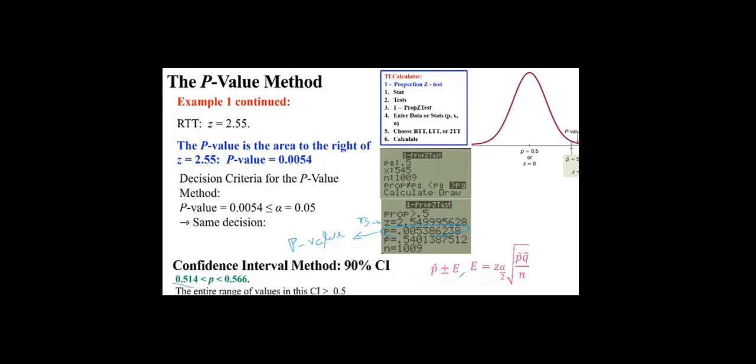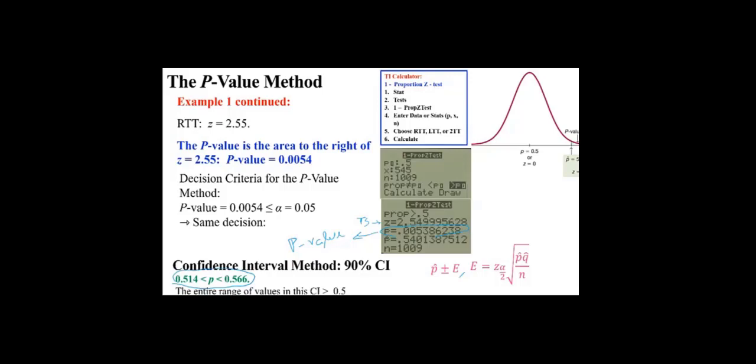Both end points are larger than 0.5. So the entire range of values in this confidence interval is larger than 0.5, which means we are 90% confident that the limits of 0.514 and 0.566 contain the true value of p. The sample data appear to support the claim that most consumers are uncomfortable with drone deliveries.